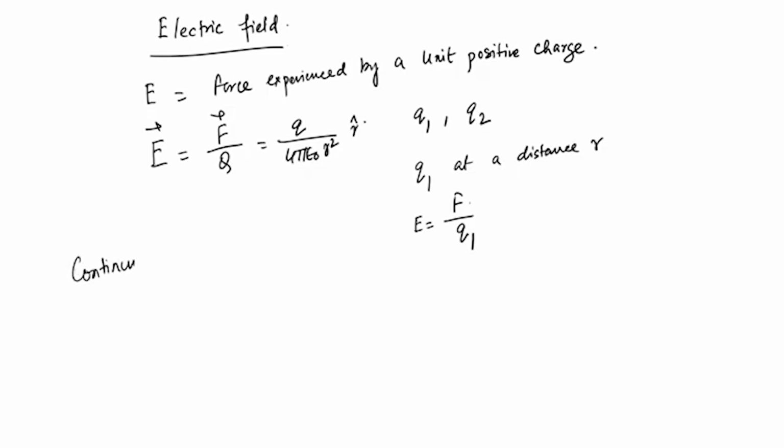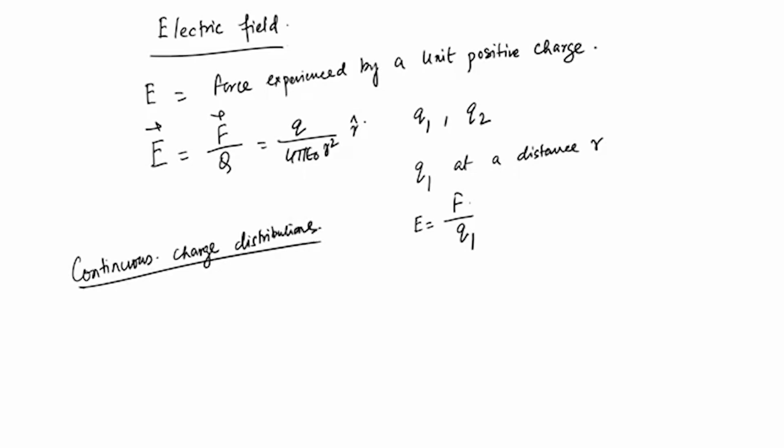You do not always have discrete charges that you find in nature. Finding a point charge existing in nature is not possible. So, we usually talk about continuous charge distributions, and the expression for these is the following.